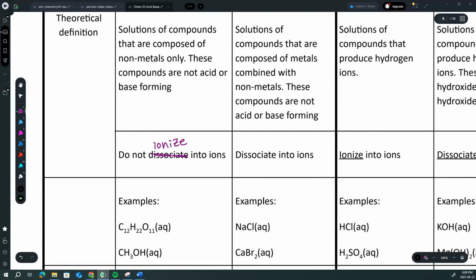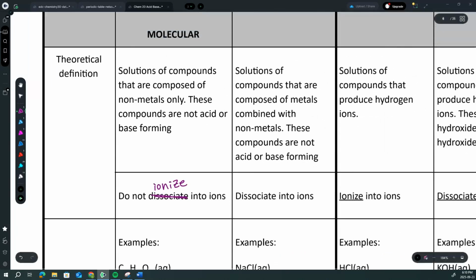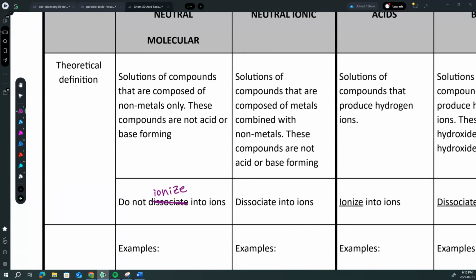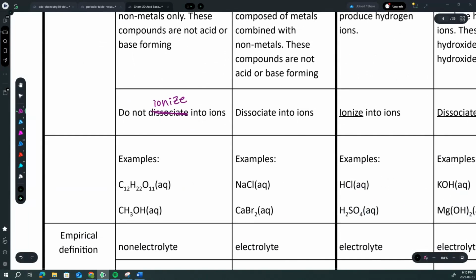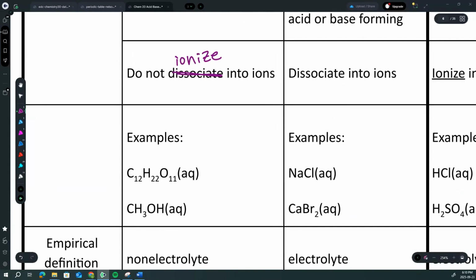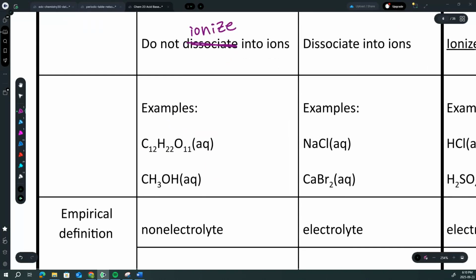What that means is this compound will not break apart into its ions when being put in water. Some examples of neutral molecular compounds would be sucrose, or down here, methanol. So these are two neutral molecular compounds.